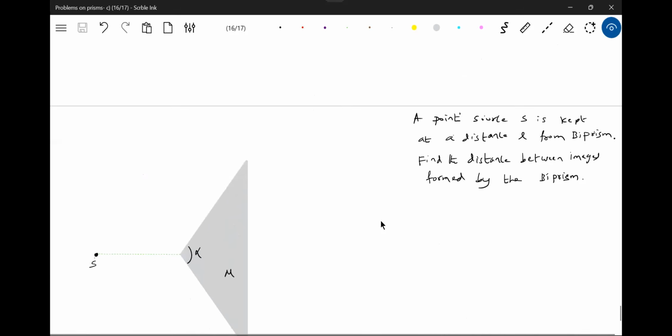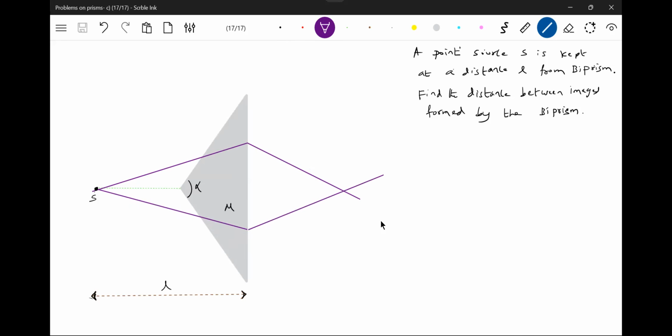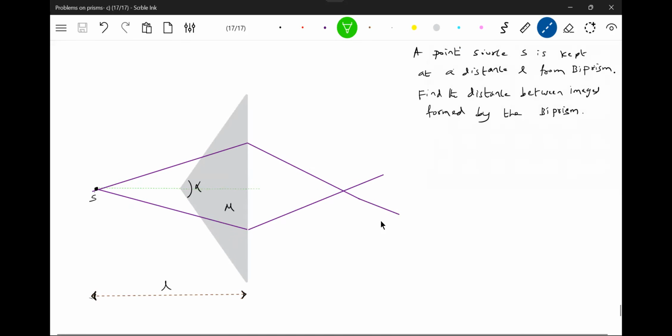Now we'll go for the biprism. That's the same concept, just now what we applied is for two prisms. We'll first draw the ray diagram. A ray, okay, fine.